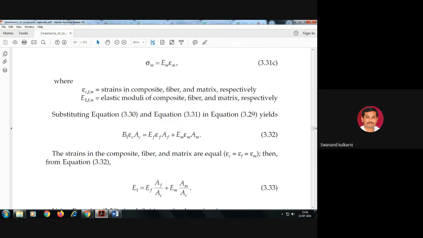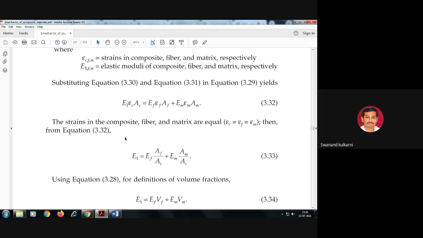Is it okay? Then as far as these equations are concerned, E1 epsilon c Ac is equal to Ef epsilon f Af plus Em epsilon m Am. So for that, the strain in the composite, fiber and matrix are equal. So epsilon c is equal to epsilon f is equal to epsilon m.